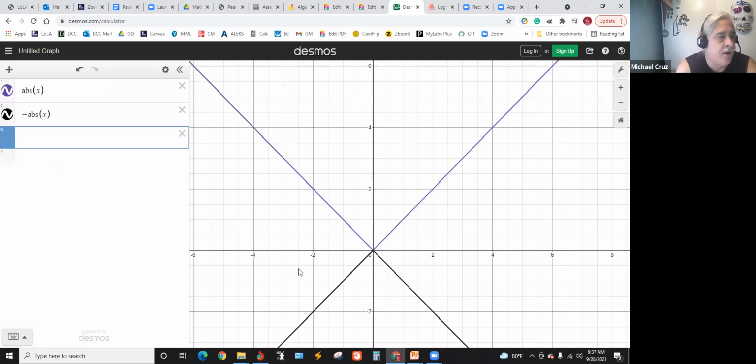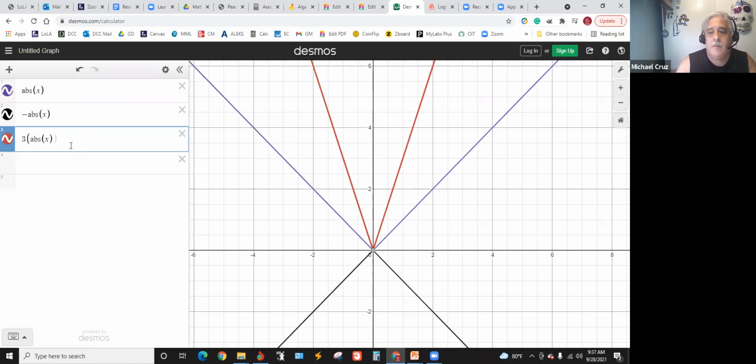That shifts it vertically. Now let's put just a whole number in front of it. See how that's making it smaller?